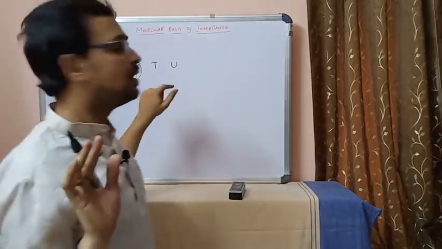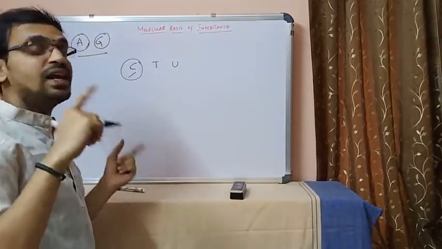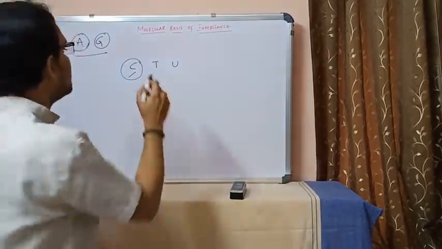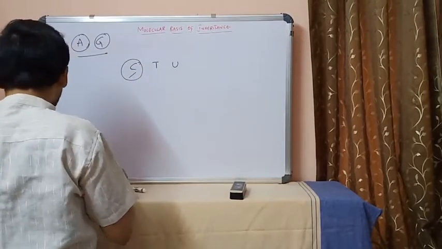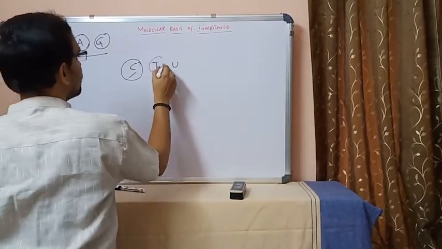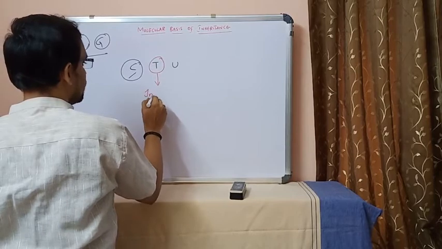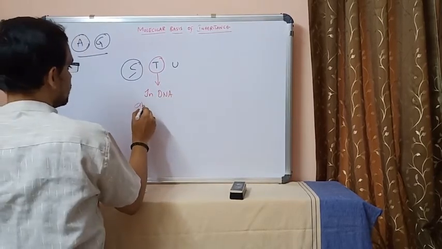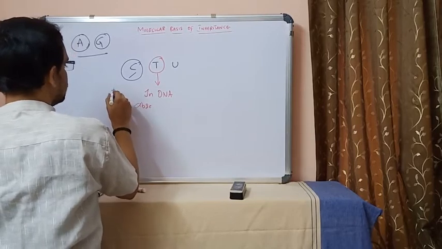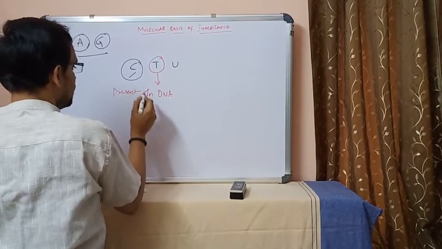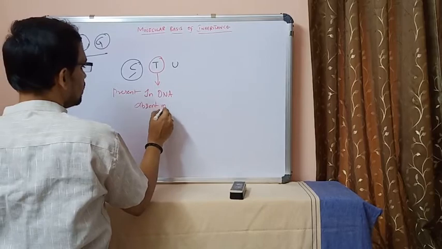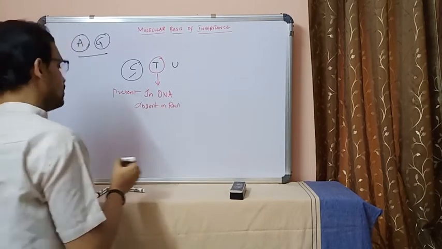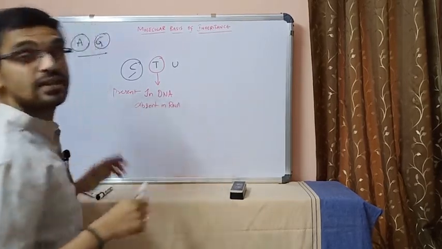Now coming to the difference between DNA and RNA regarding bases, that is thymine. Thymine is present in DNA, absent in RNA. Now coming to uracil.